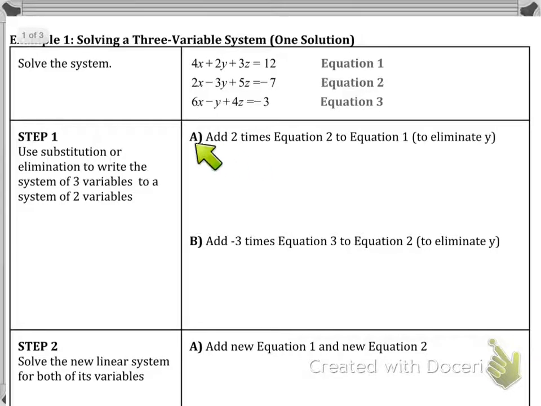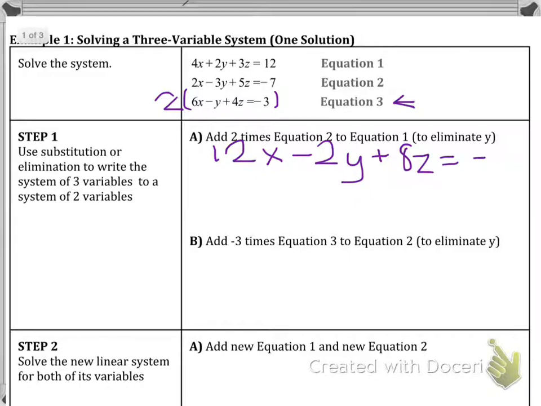So what we're going to do is add 2 times equation 3 to equation 1 in order to eliminate y. So multiply this equation times 2. I would get 12x minus 2y plus 8z equals negative 6.